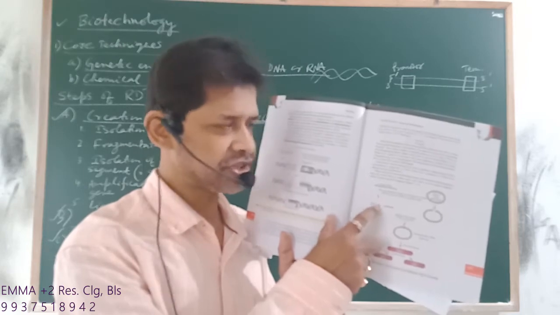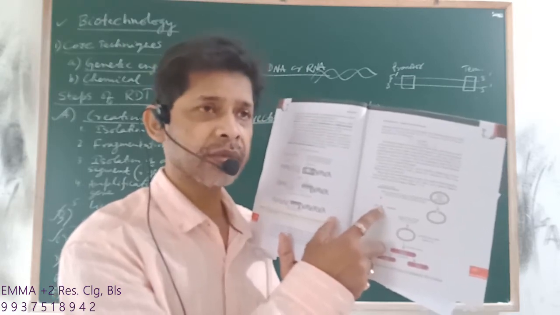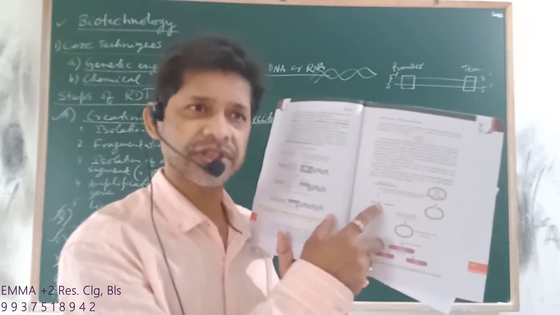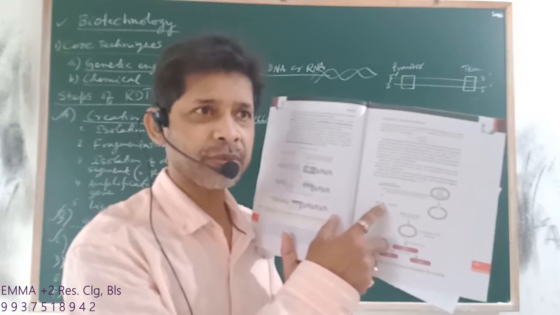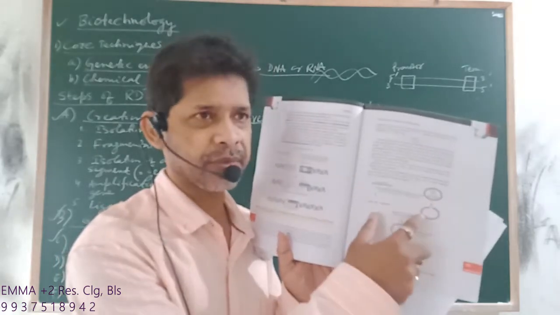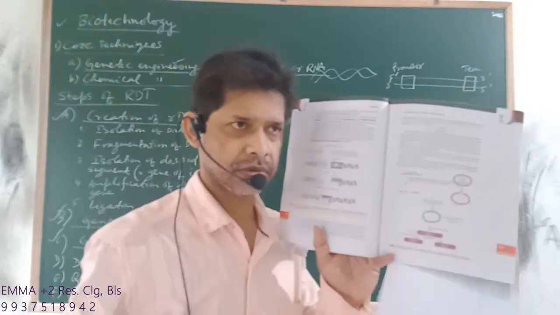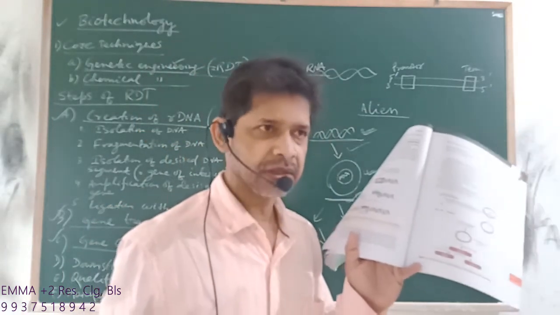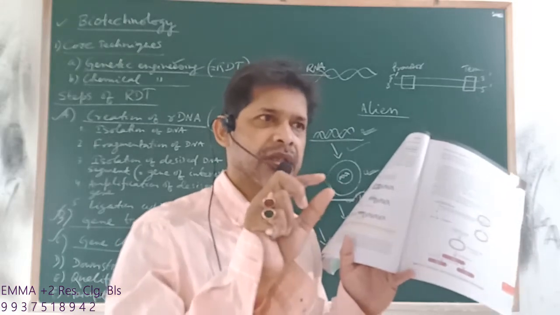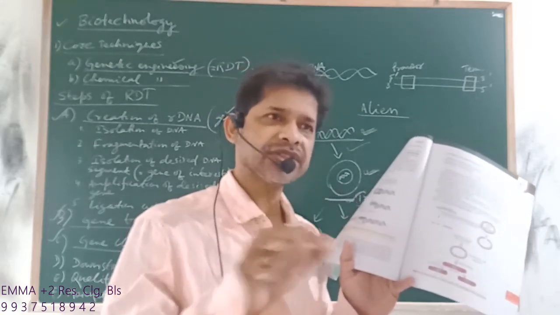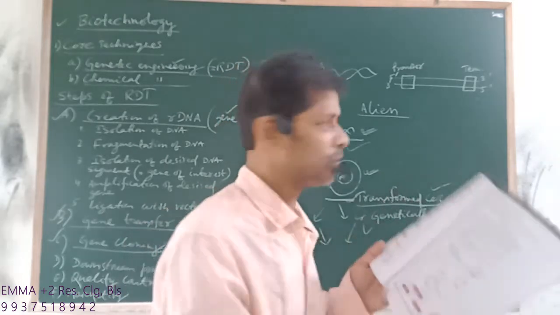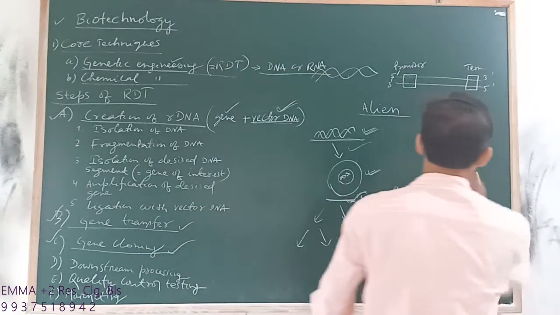I told you this gene alone cannot replicate because it doesn't have any origin of replication. That's why we have to select one vector DNA or vehicle DNA. So that is a plasmid. So what is a plasmid? Plasmid is an extra-chromosomal circular DNA. Where is it present?